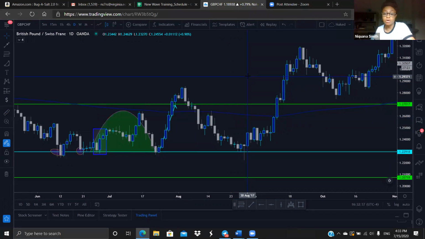Teacups act as support and resistance, and not only support and resistance, but strong support and resistance. The higher the time frame, the higher the support and resistance. So it'll react well off of your higher time frame support and resistance.